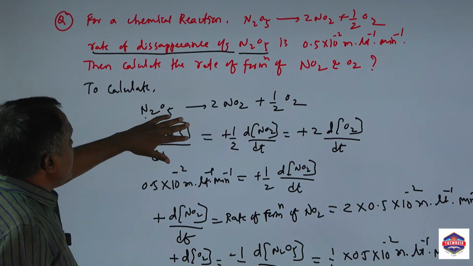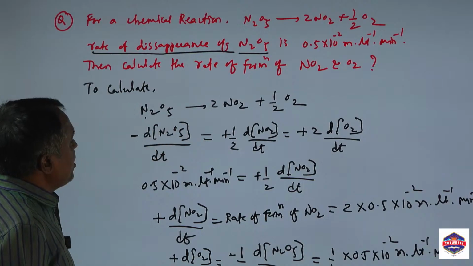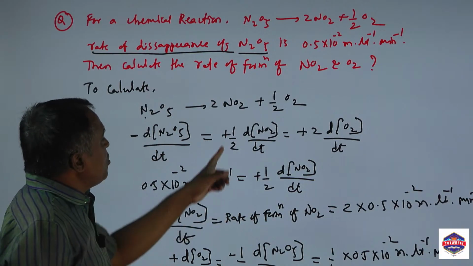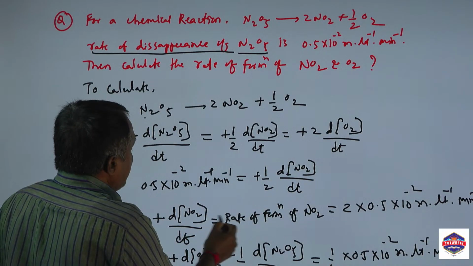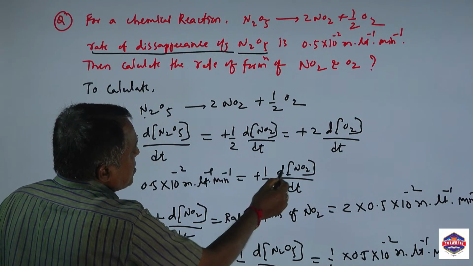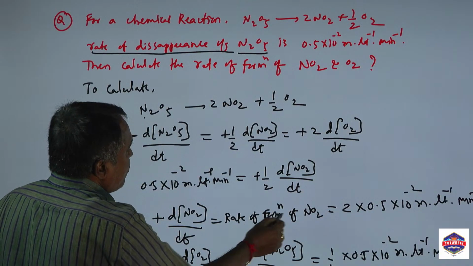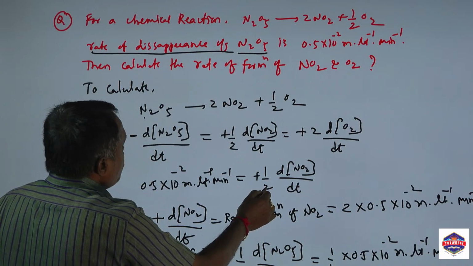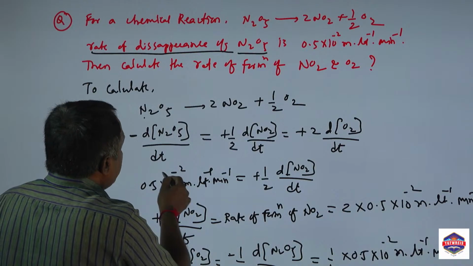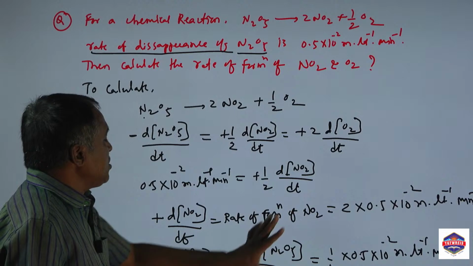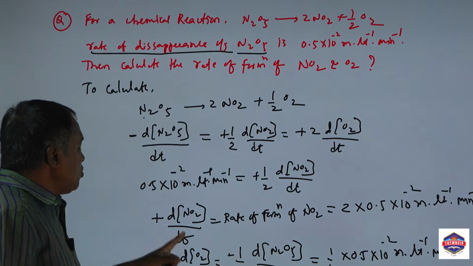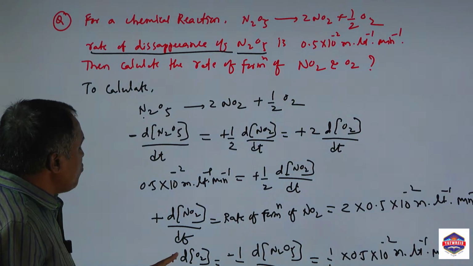This is given, 0.5 into 10 to the power of minus 2 mole liter inverse minute inverse, equal to plus 1 by 2 dNO2 by dt. But we want only plus dNO2 by dt, the rate of formation of NO2, which is 2 into 0.5 into 10 to the power of minus 2. This is the rate of formation of NO2, and dO2 by dt is the rate of formation of O2.